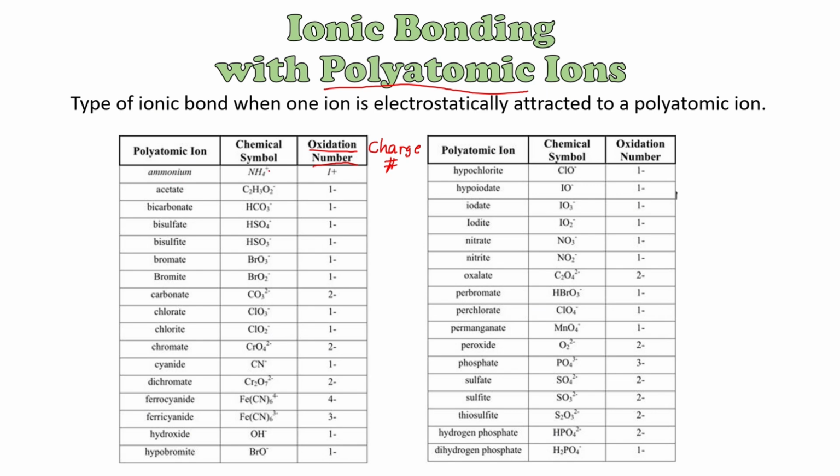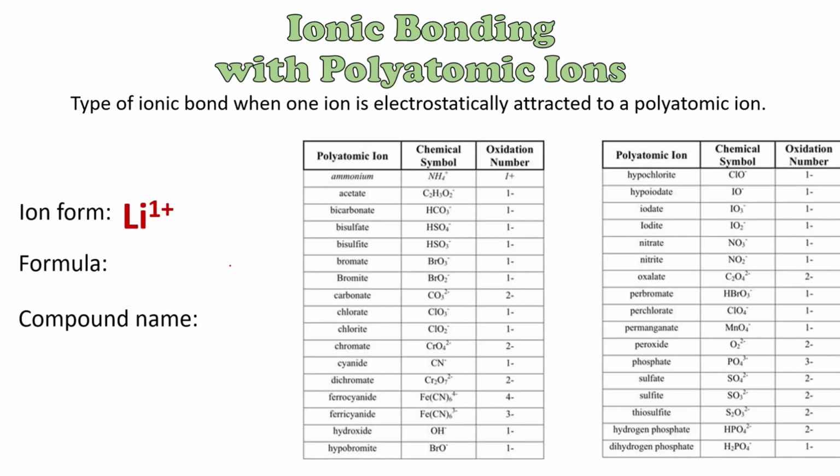So here it says it's plus, it means this is a cation. Okay, this is a cation. And the rest are negative charges. It means they are anions. Okay, so for example, let's have an example.